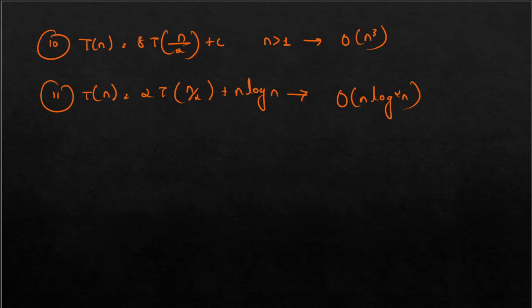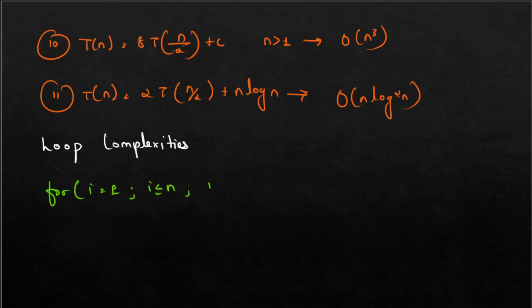Now let's see some loop complexities. Let's suppose we have for i starting from 1, i smaller than or equal to n, i equals i plus a, and this will always be n by a.